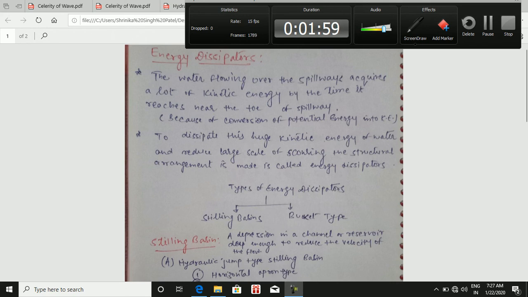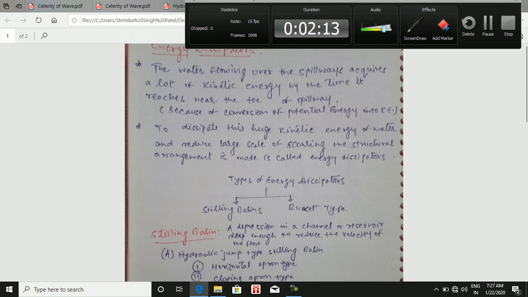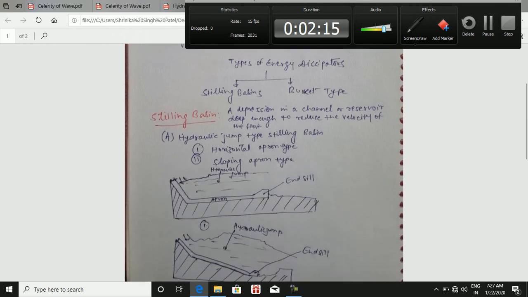Generally there are two types of energy dissipator: the stilling basin and the bucket basin. Now the stilling basin. What is the meaning of stilling basin energy dissipator? It is a depression in a channel or reservoir, deep enough to reduce the velocity of the flow.